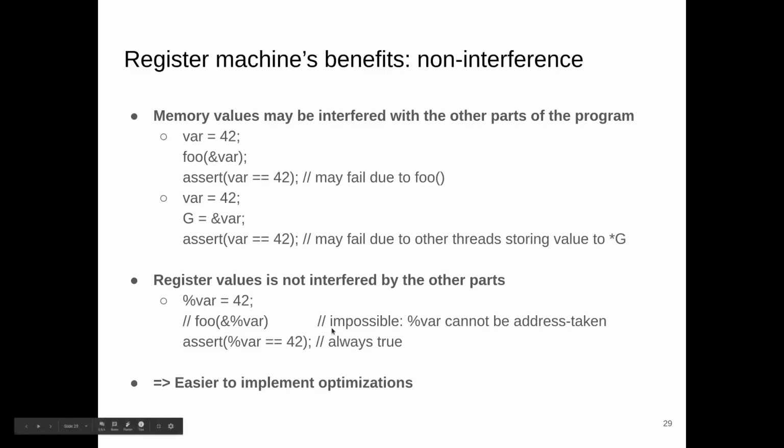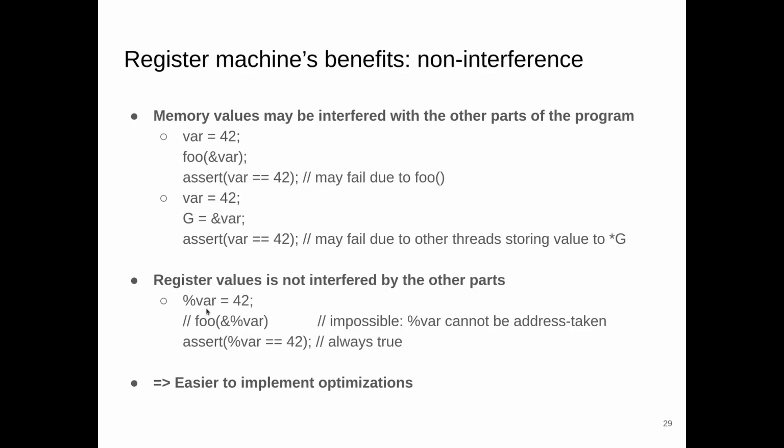So for example, in the above two programs, we really cannot perform constant propagation. Even though var is 42 here, we cannot propagate the constant 42 to this var because of the possibility of interference from the previous lines. But here, it is very easy to do so. $var should be 42, and it should continue to be 42 after any lines of code, if I'm not writing a value to these registers.